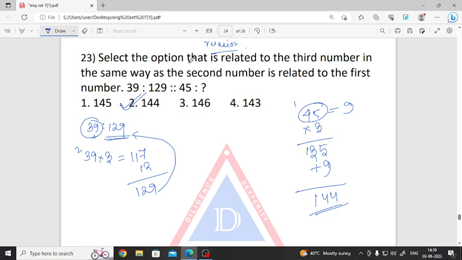So what was here? Multiplying it by 3 and the digit is then summed and then added with the resultant answer. 45 into 3 is 135, then 4 plus 5 is 9, then 9 is added with the resultant answer, which gives us the required answer 144.